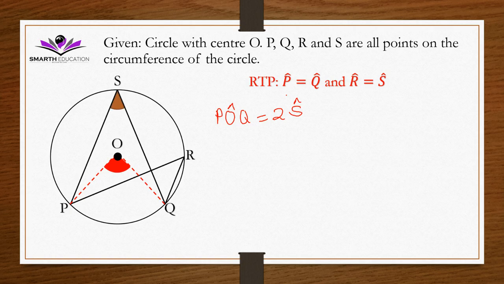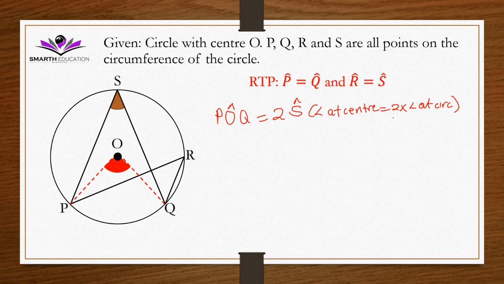Okay? Before we go there, what is the reason? Why are we saying angle POQ is 2 times angle S? Because it's angle at center equals 2 times angle at circumference.